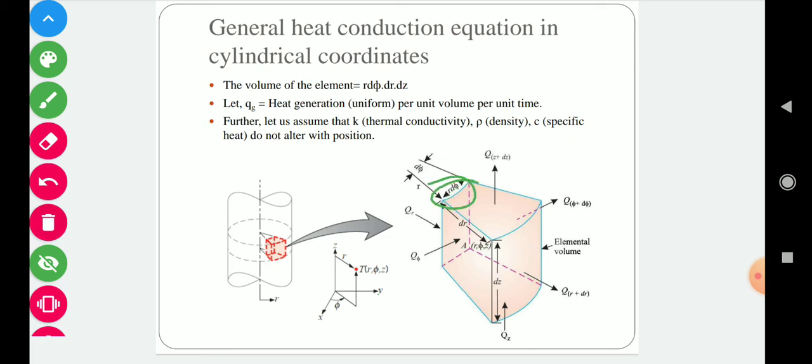If d phi is the angle and r is the radius up to this point, then multiplying r by the angle gives this arc length, radius into angle. So this distance is r d phi.